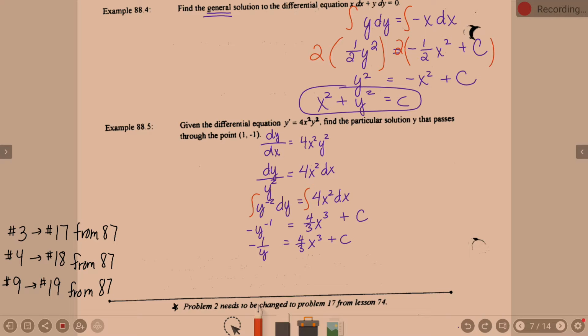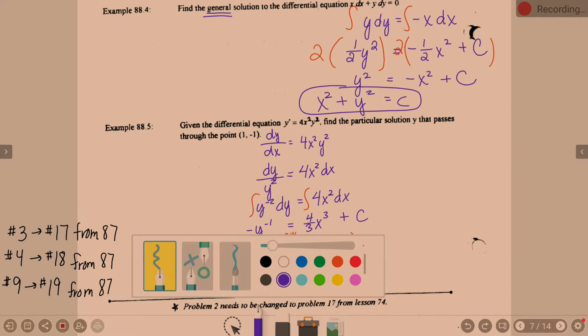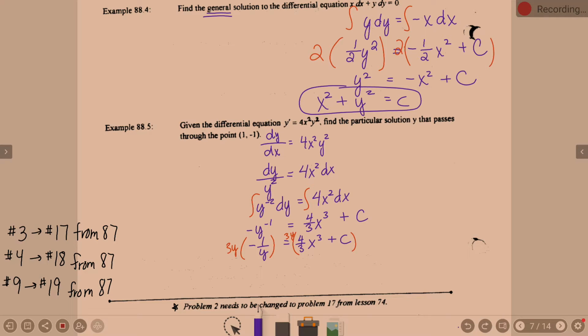Does that make sense why I'm picking that? Now, as I write this out, I'm running out of room. 3y times negative 1 over y. That just becomes negative 3. The y's cancel. We have negative 3.